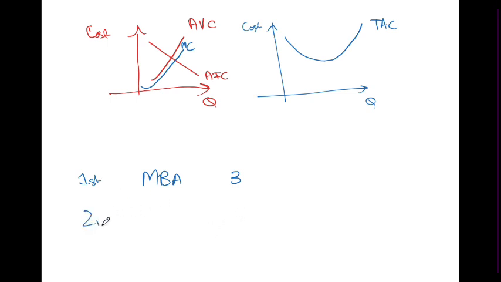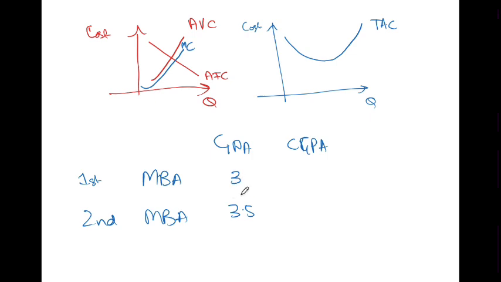In the second semester of MBA, I end up with a GPA of 3.5. So let's say this is GPA and CGPA. Since this is the first semester, CGPA is going to be the same.